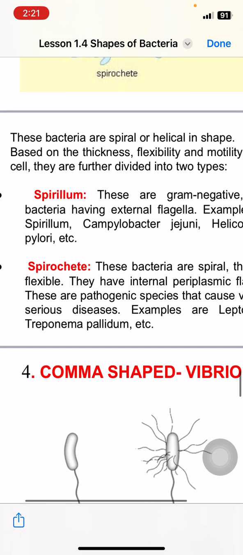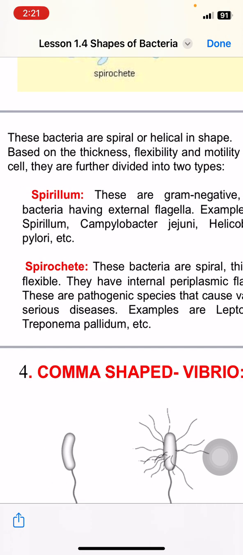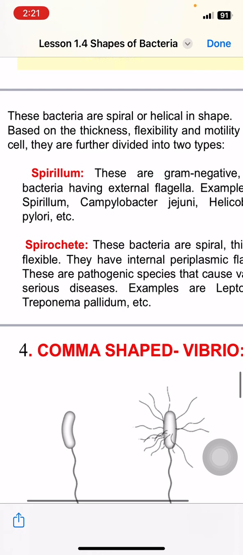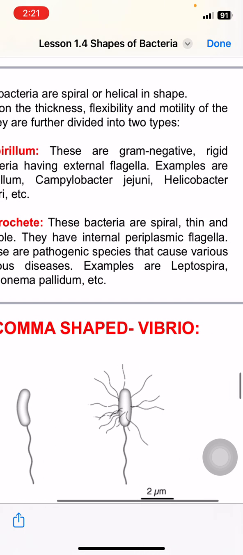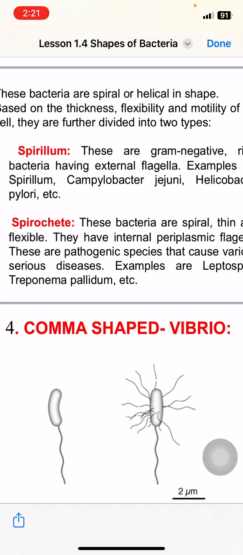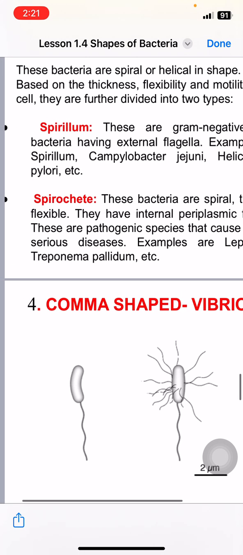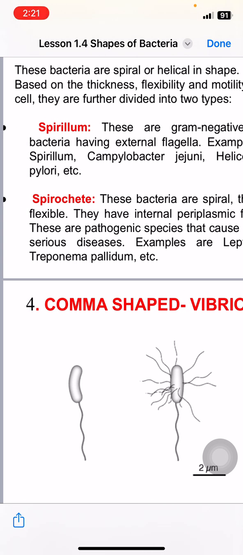It is much more focused on the movement. These are pathogenic species that cause various serious diseases. One good example is Leptospira, Treponema pallidum. So I want you to familiarize all the examples.